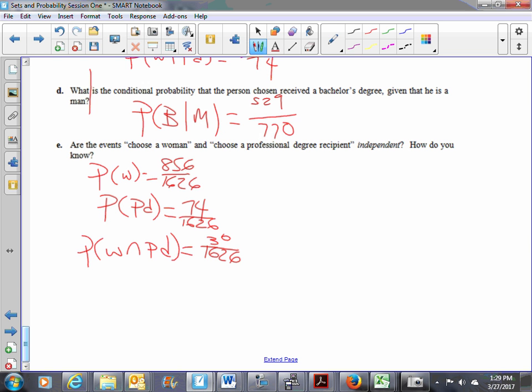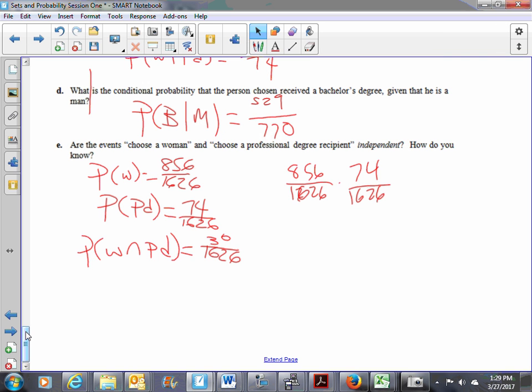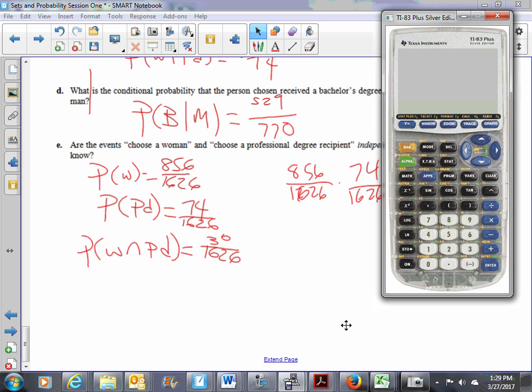Now, if 856 over 1626 times 74 over 1626 is equal to that, then we would say yes. And once again, let's do a little bit of work on the calculator here. 856 divided by 1626 times 74 over 1626 is that, and 30 over 1626 is that.